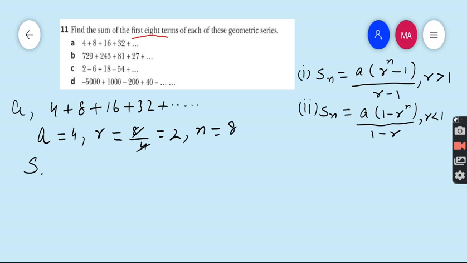Here n is 8. S8 is equal to A, which is 4, into R, 2, to the power 8 minus 1, upon R minus 1, that is 2 minus 1. By using a scientific calculator you can easily find the final answer in a single step. So I am also using my scientific calculator.